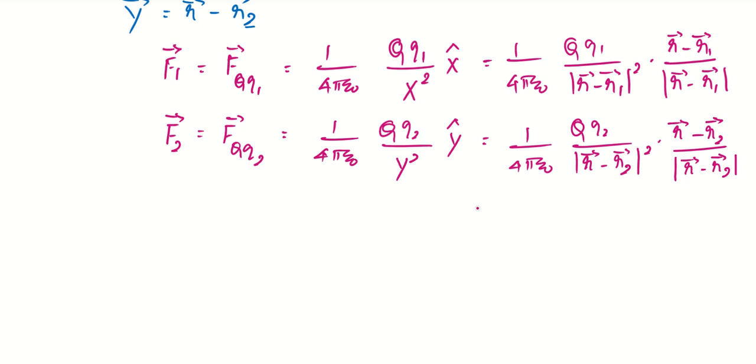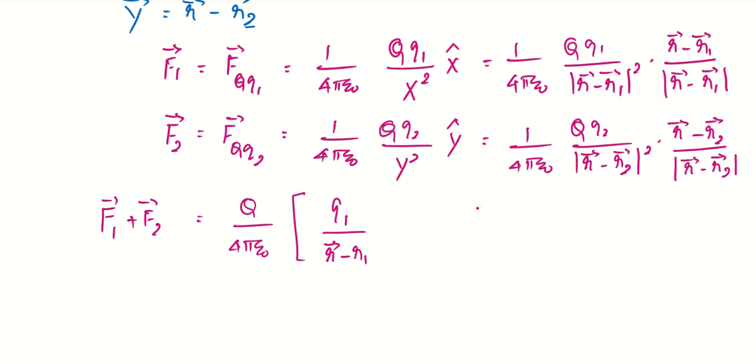When we sum F1 plus F2, it gives Q divided by 4 pi epsilon naught, times Q1 divided by modulus of R vector minus R1 vector.